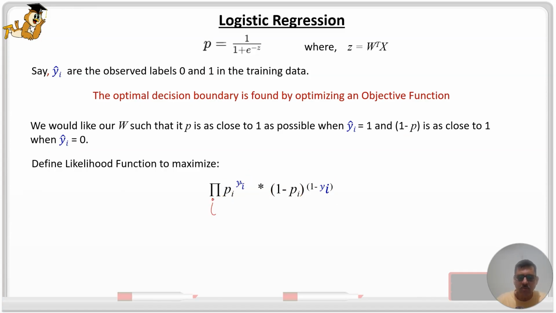The product over all training points I, you would like this particular product to be maximum. You would like to maximize it and you would like to select the W's so that this product is maximized over all points I. I'm sorry about this hat disappearing. It's unfortunate, but this is what I'm talking about.